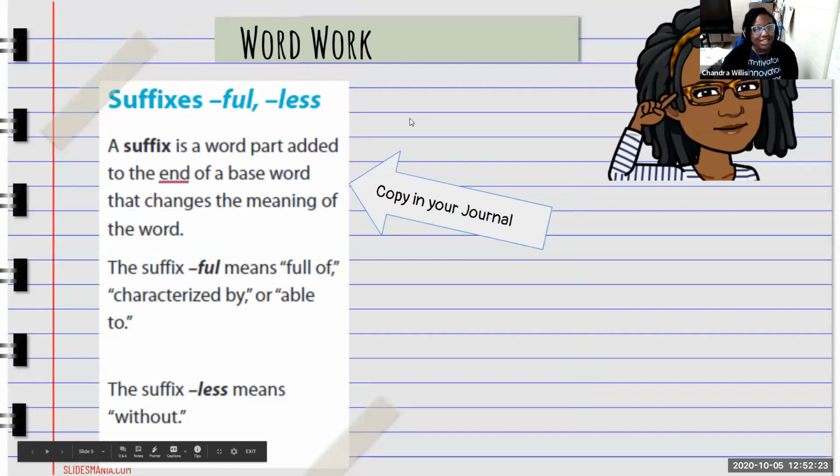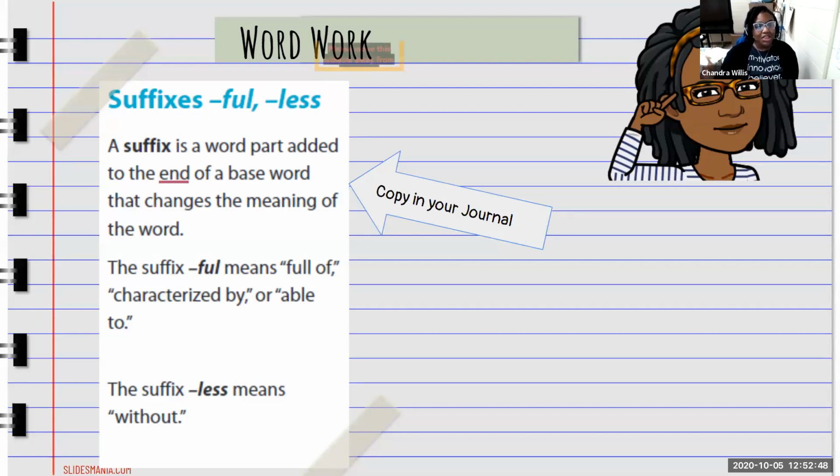A suffix is a word part that you add to the end of a base word and it changes its meaning. A prefix is added to the beginning, and a suffix is added to the end. I want you to write this in your journal: a suffix is a word part added to the end of a base word that changes the meaning of the word.